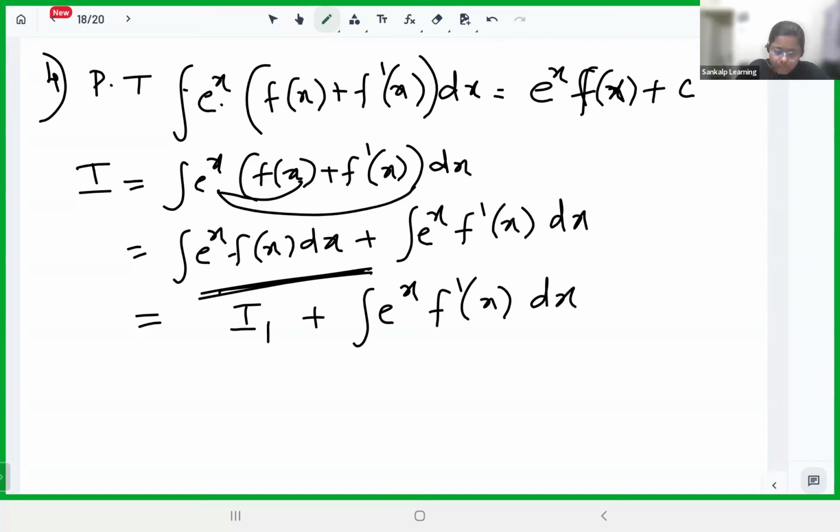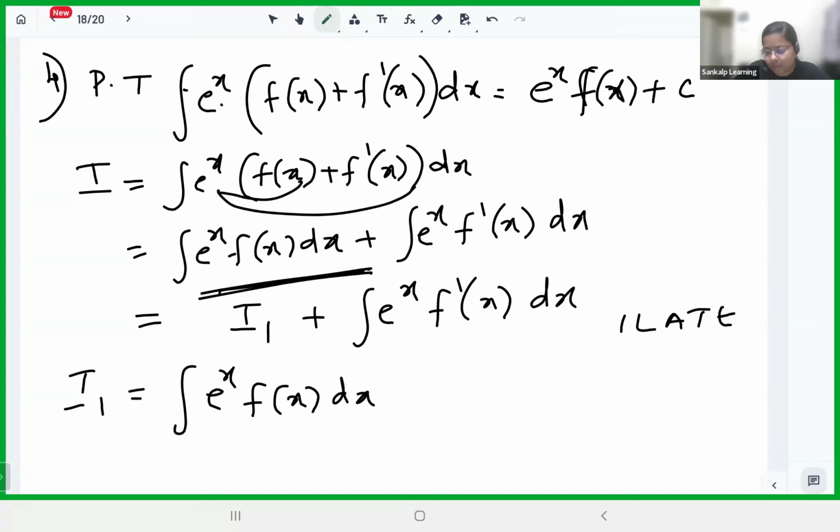Now what I'm going to do is separately find I1. I1 was integral e raised x into f of x dx. And we know if you have a product of two functions, then we have to follow the ILATE rule. Here one is exponential and f of x is an algebraic expression, a polynomial.